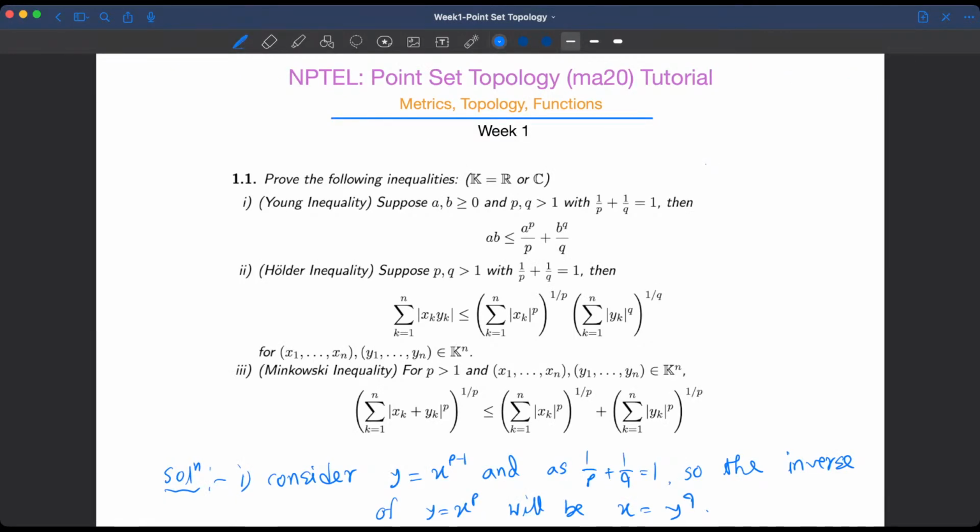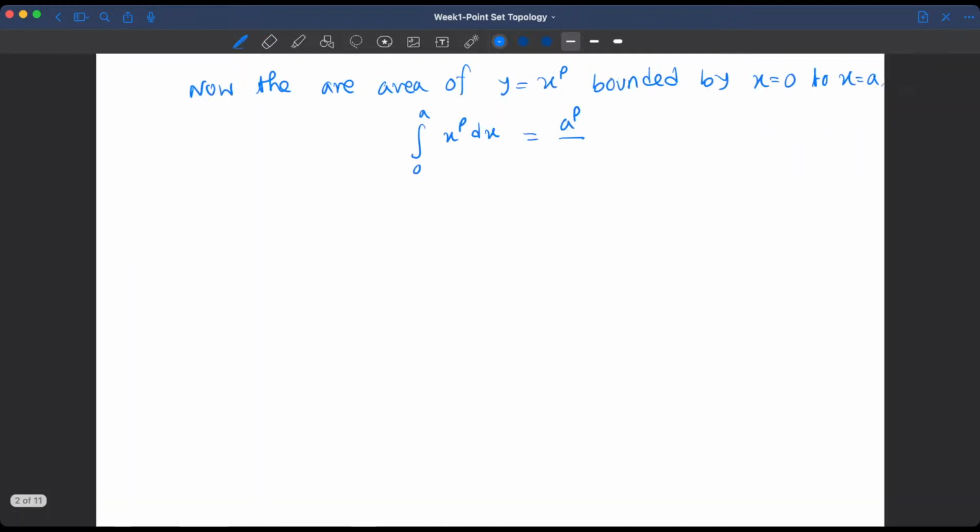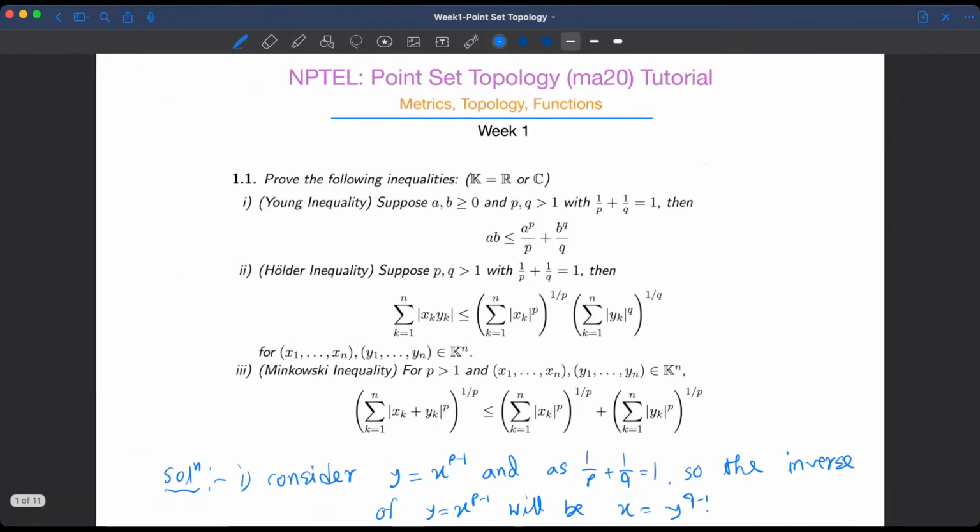Yes. I want a^p/p, so I want the curve to be x^(p-1), so that I'll get a^p/p.